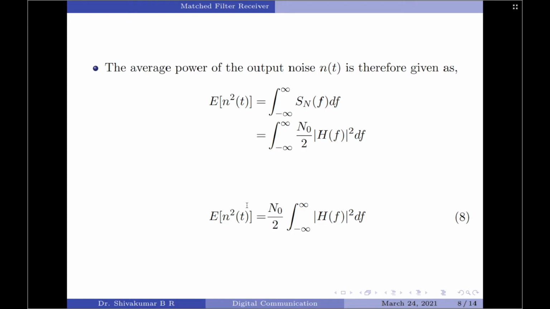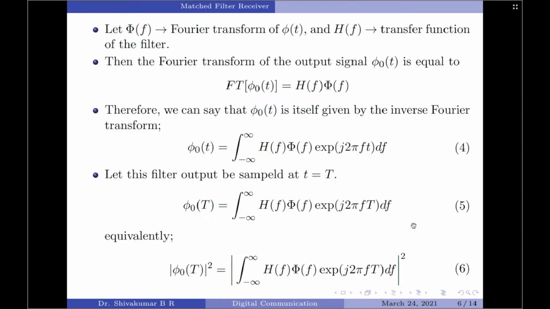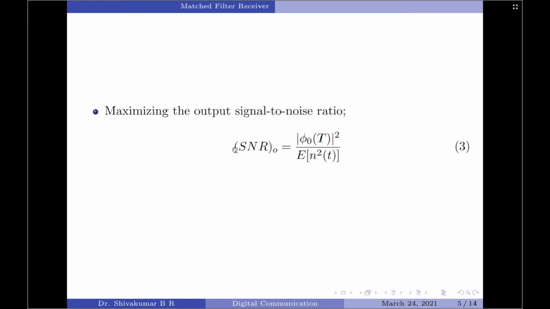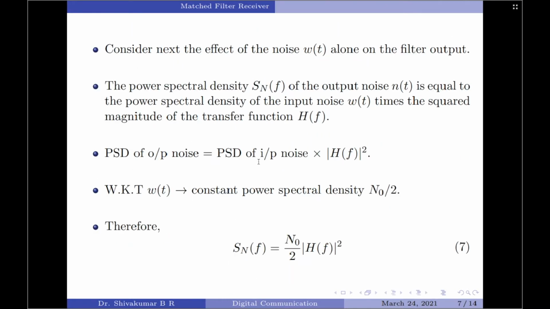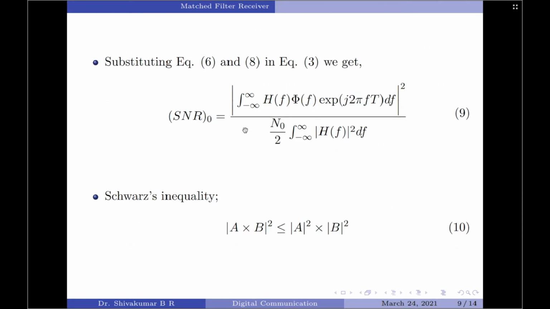So now we have found the power of the noise component, which is given by equation 8 here, as well as the power of the signal component, which is given by equation 6 here. We will now substitute these powers back into the output SNR equation to get SNR output equals, we will first represent equation 6, which is the signal power, divided by equation 8, which is the noise power.